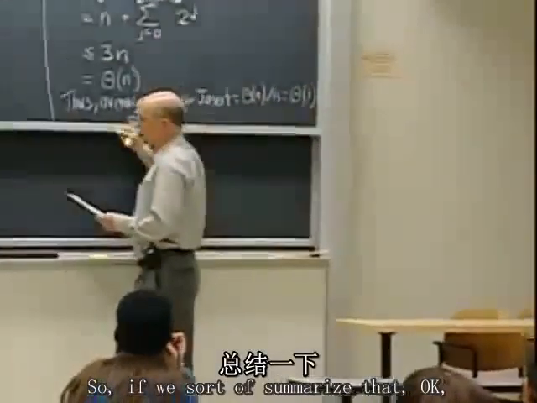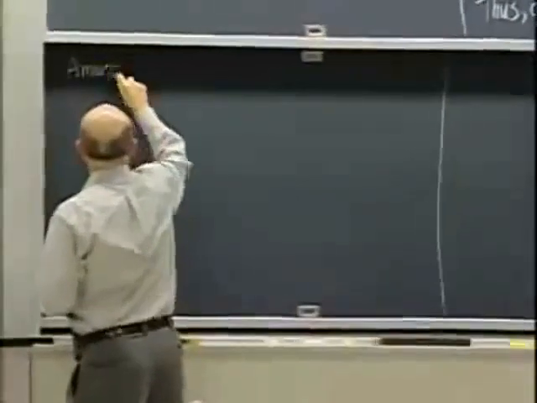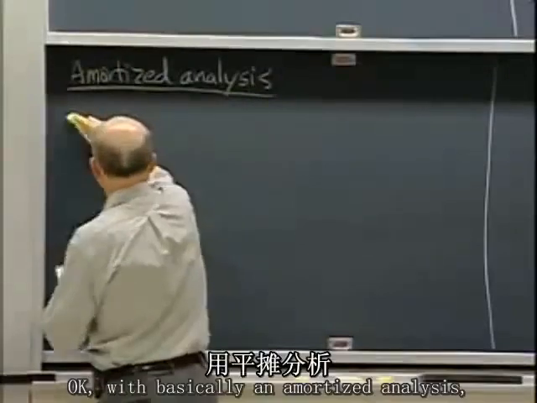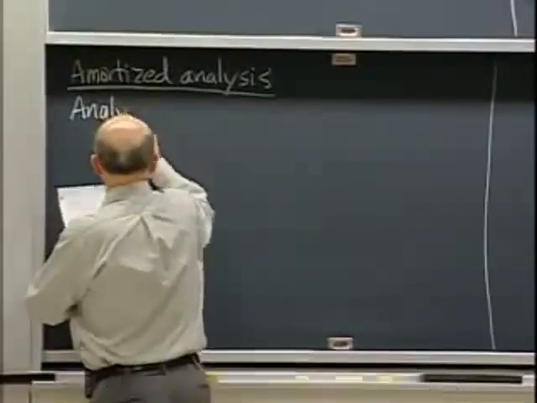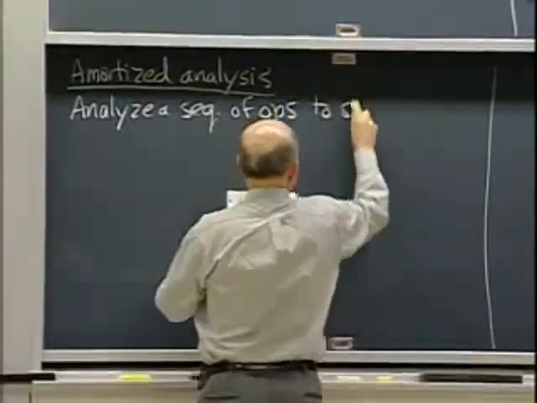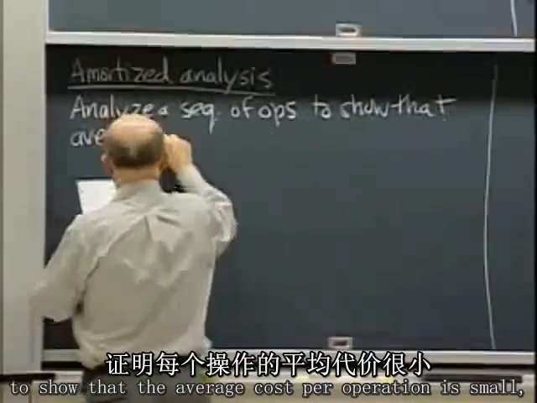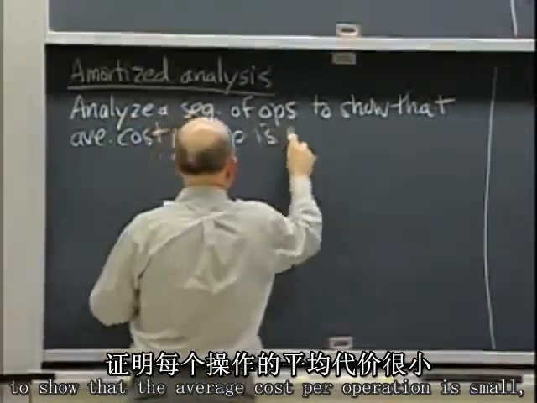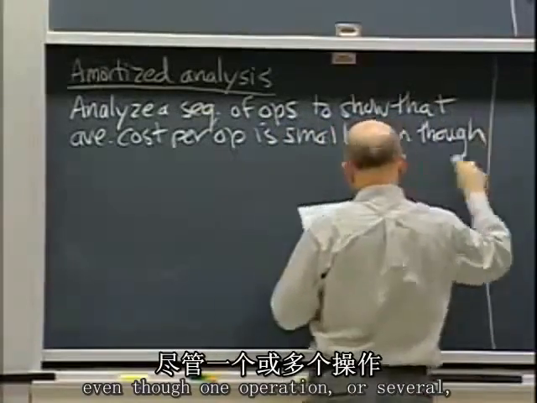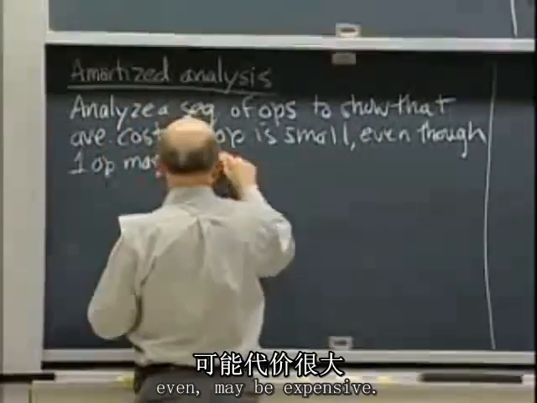So if we summarize that, in an amortized analysis, we analyze a sequence of operations to show that the average cost per operation is small, even though one operation, or even several, may be expensive.